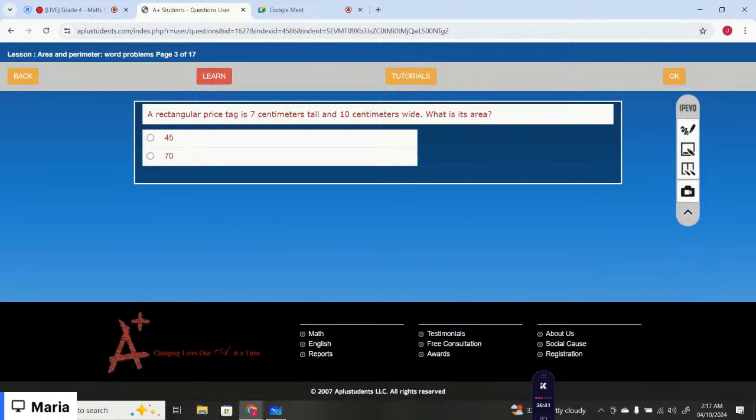A rectangular price tag is 7 centimeters tall and 10 centimeters wide. What is its area? Which is the correct option? That's a rectangular shape.